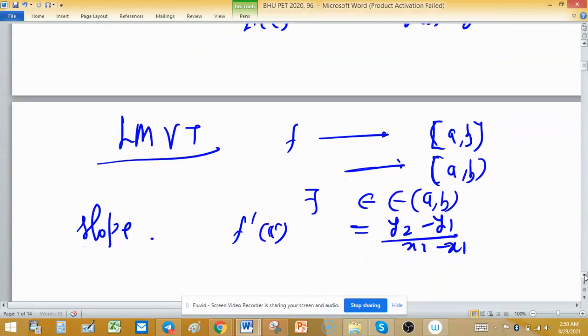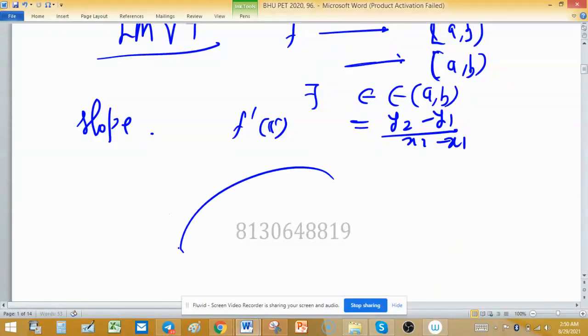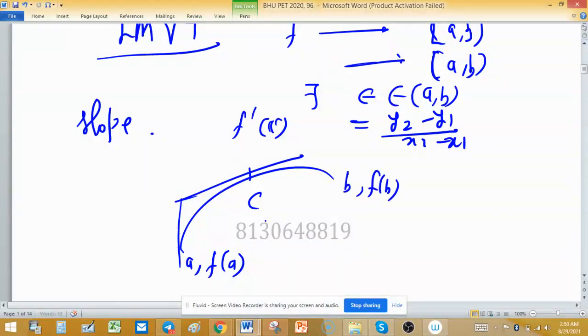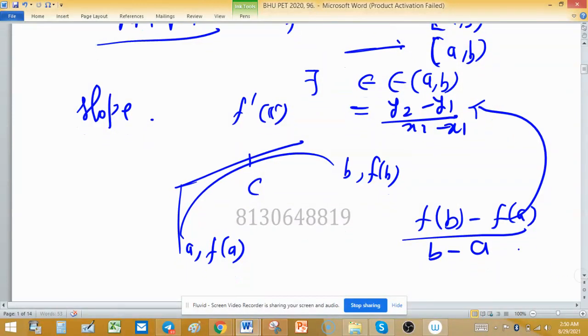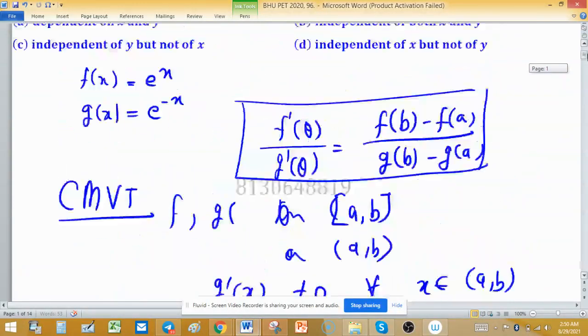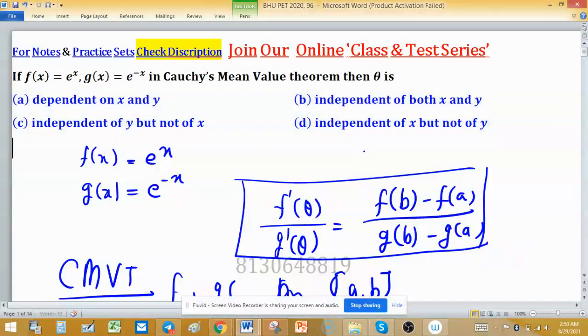Suppose the graph of the function is like this, and the coordinates of the points are (a, f(a)) and (b, f(b)). Then the slope is f(b) minus f(a) divided by b minus a. This is the geometric interpretation of Lagrange mean value theorem. But we only have to know the Cauchy mean value theorem, which is very applicable to solve this problem directly.